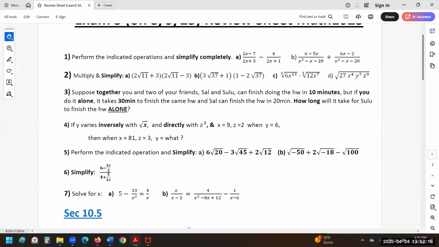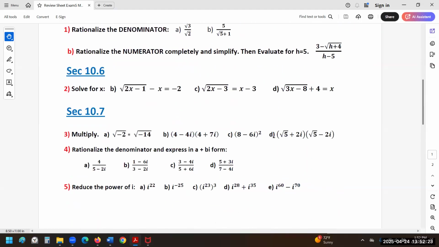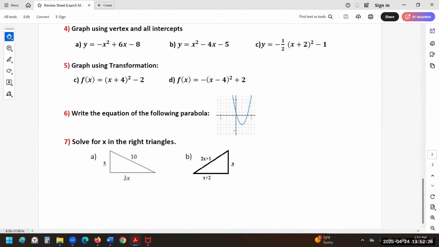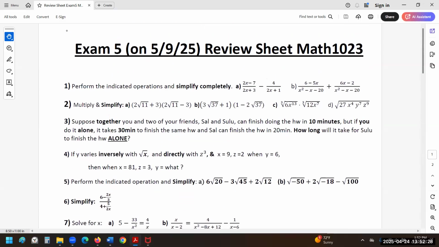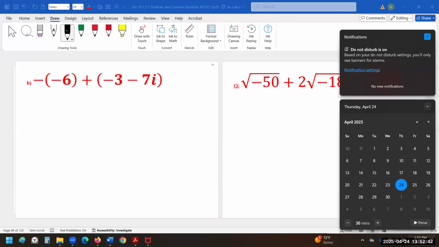It will be 5/9, May 9th, and I already posted the review sheet for chapters 10 and 11. And your final exam will be 1 week and then 2 days after, so within 10 days. I forgot the date, the 20th or something. Yeah, the 20th. So our exam is on the 9th.